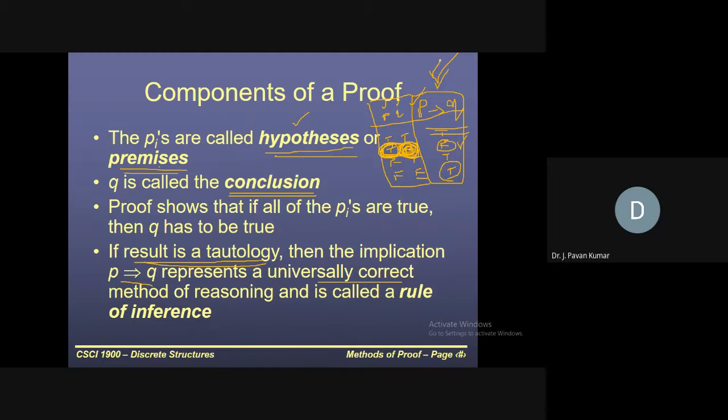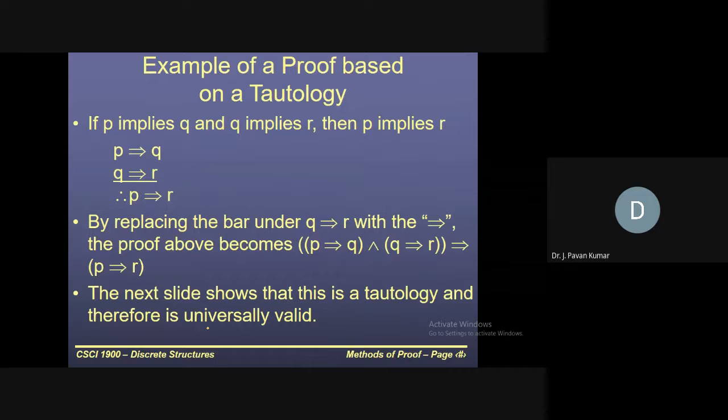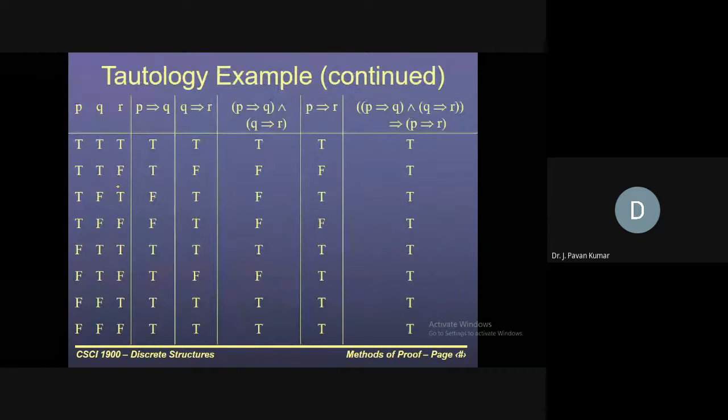Now, I think you have got the meaning of this. Result: if the result is a tautology, then the implication P implies Q is a universally correct method of reasoning, and it is called a rule of inference. Next, this is the implication: if P implies Q is true and Q implies R is also true, then we can say P implies R is true. How can we prove this? By using the truth table.